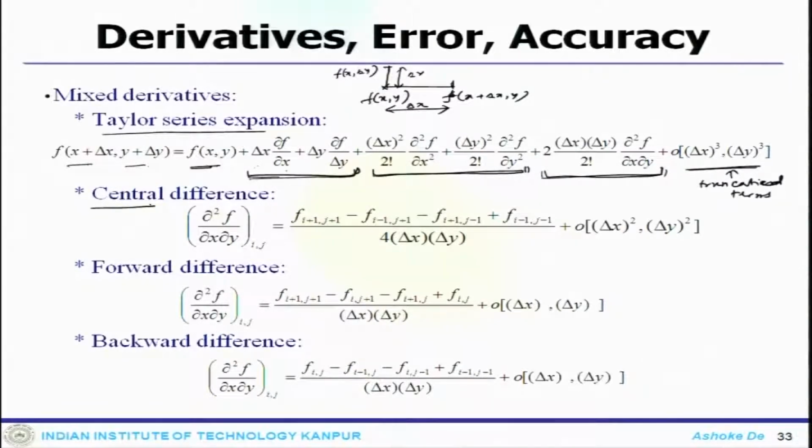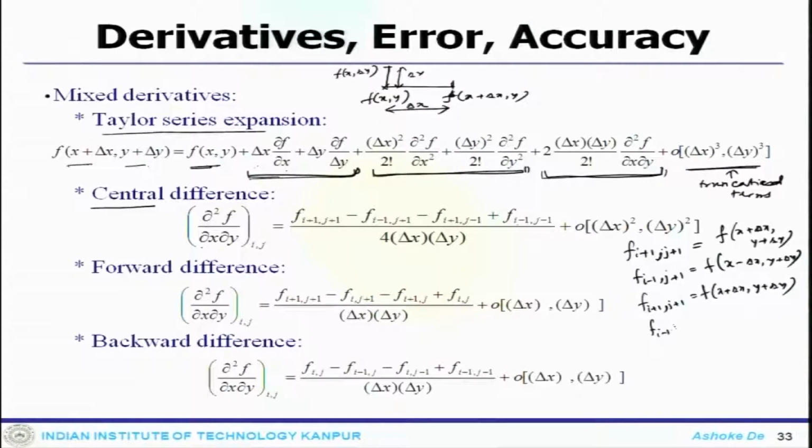Now, if you use the central difference scheme to find del 2 f by del x del y, then that uses f I plus 1, j plus 1, equivalent to f x plus delta x, y plus delta y. f I minus 1, j plus 1 is nothing but f x minus delta x, y plus delta y. f I plus 1, j minus 1 equals f x plus delta x, y minus delta y, and f I minus 1, j minus 1 is equivalent to f x minus delta x, y minus delta y, and divide by 4 delta x delta y.